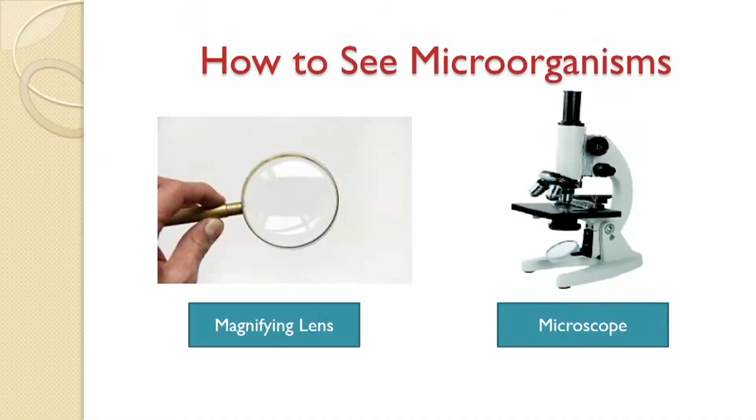So let's know how we can see microorganisms. As we know, microorganisms are very small microbes, and we cannot see them with our naked eye. So we have to use some special instruments, with the help of which we can see them. One is the magnifying lens, and another is the microscope.